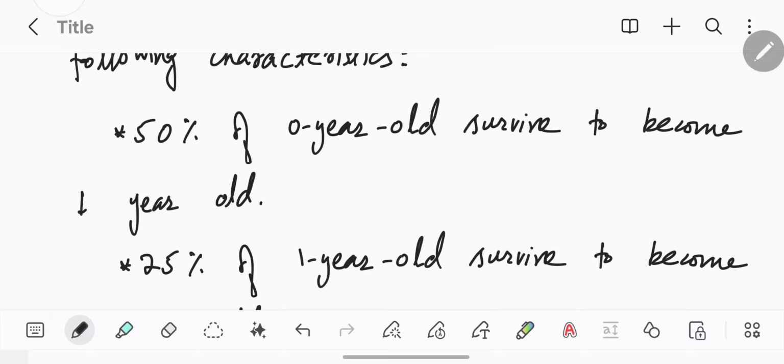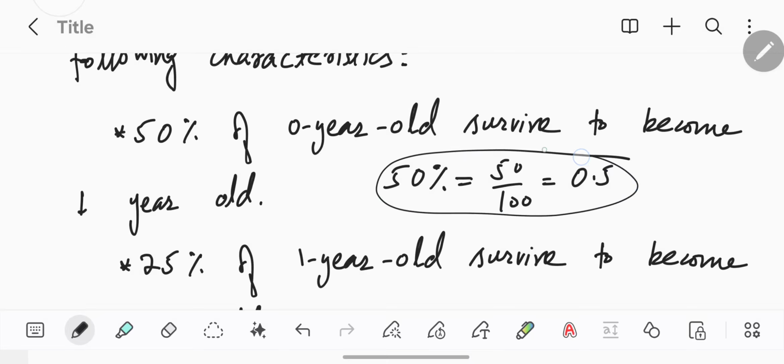So in the second row you can check: 50% means 50 by 100, and 50 by 100 means 0.5. So if the total is 1, 0.5 will reach 1 year.